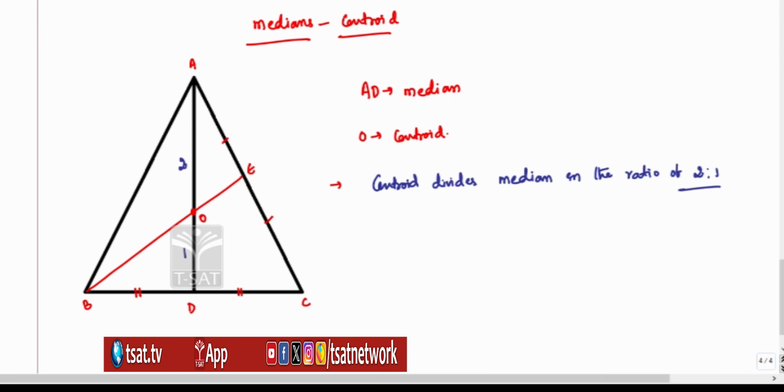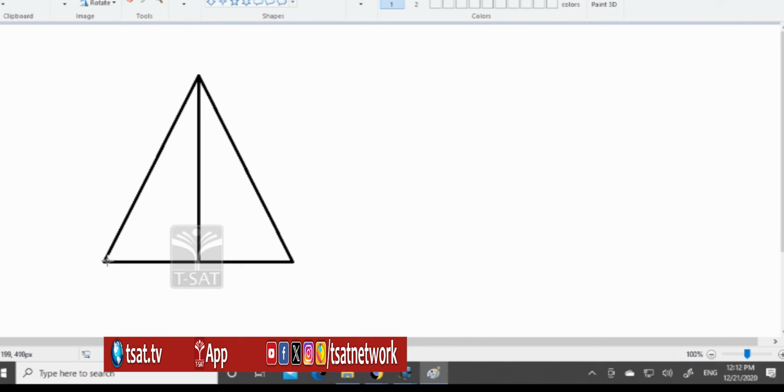So the centroid divides the median in the ratio 2 is to 1. We further look into it. I am taking all three medians here.